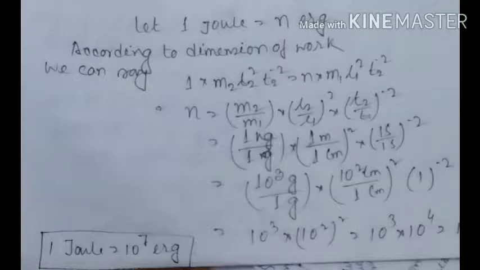So we have to find the value of n. According to the dimension of work, we can say 1 into M2 L2 square T2 to the power minus 2 is equal to n into M1 L1 square T1 to the power minus 2. So we are using the units with respect to the dimension. Now we have to find n. This is an easy and natural calculation.